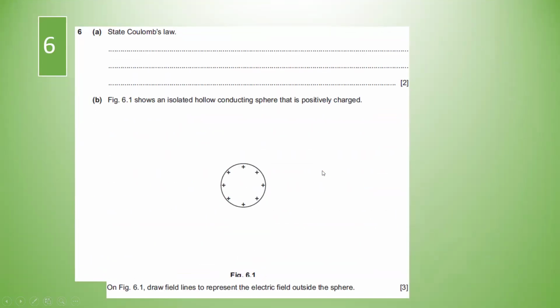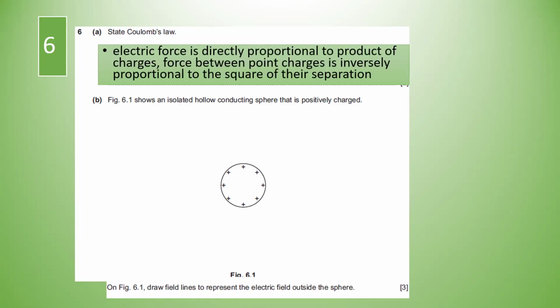Okay, state Coulomb's law. Force between 2 point charges is directly proportional to the product of the charges and inversely proportional to the square of the separation.